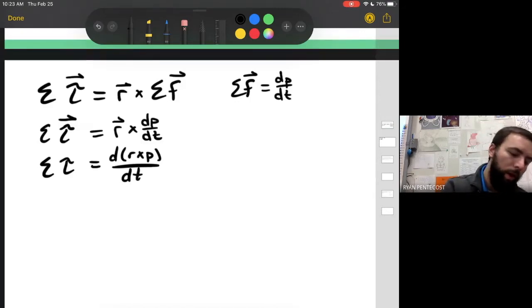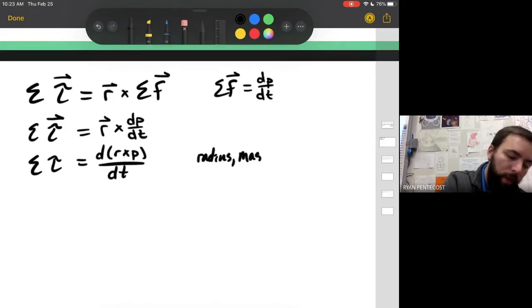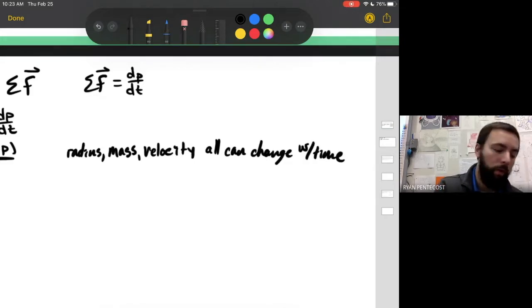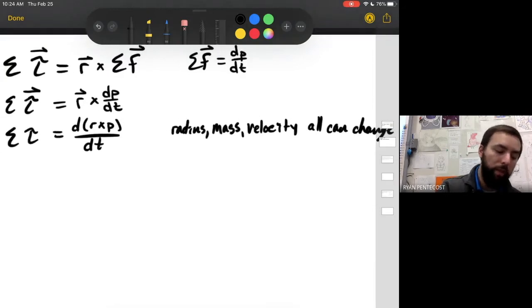Before I make that change, I do want to note that this means that radius, and if we break down momentum, that is mass and velocity, they all can change with time as a result of torque. So torque can cause a change in radius, a change in mass, or a change in momentum by using this definition.